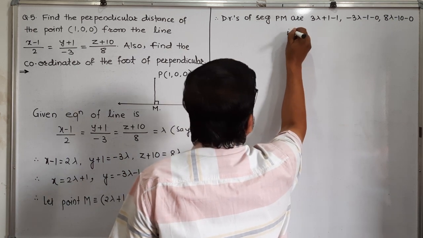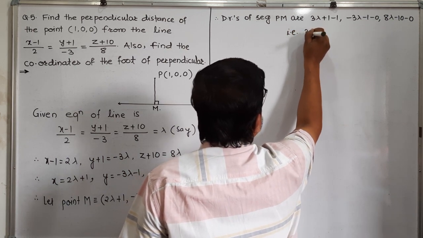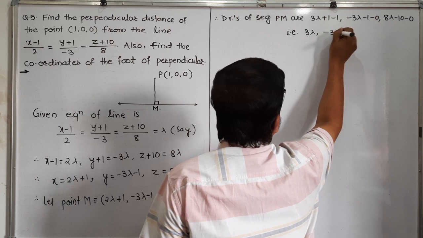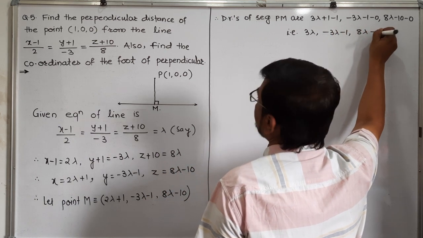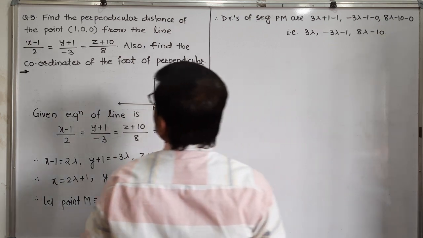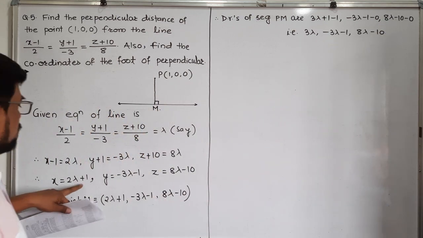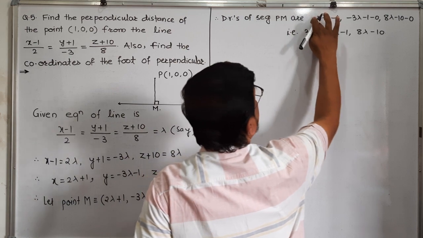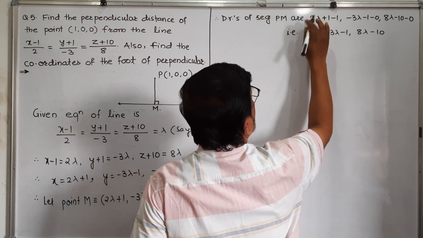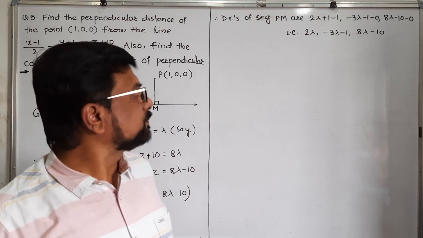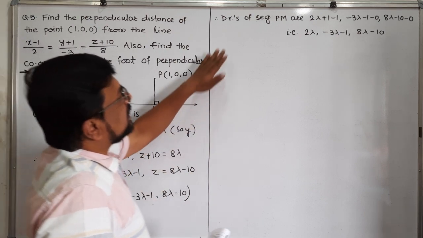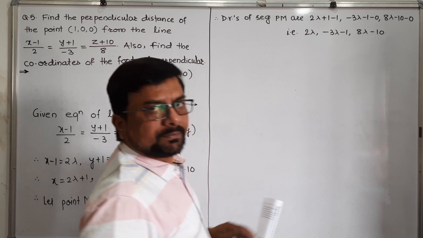Sorry, the first one is 2 lambda plus 1 minus 1, that is, 2 lambda. Now these are the direction ratios of segment PM.